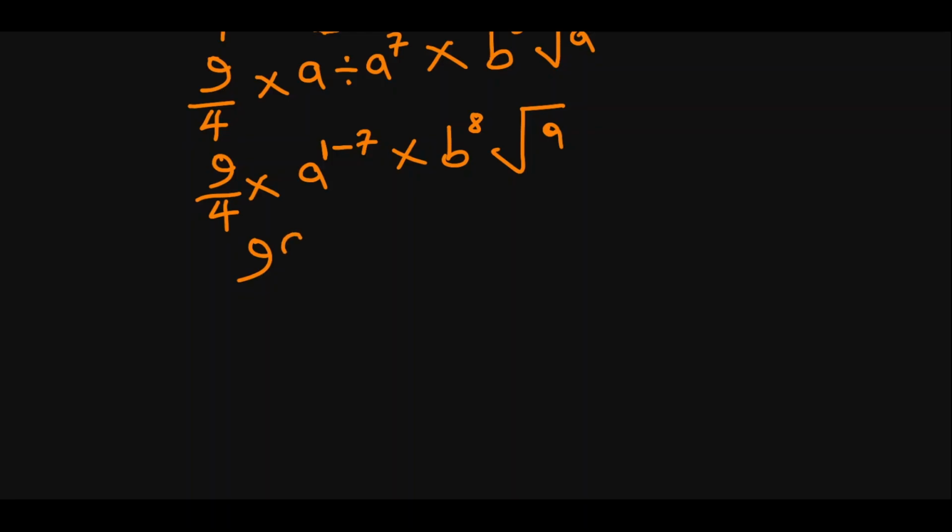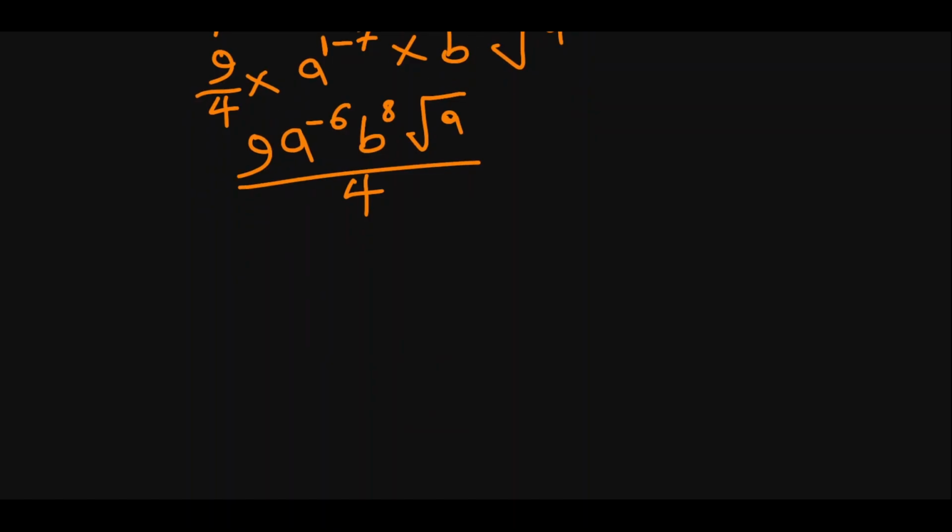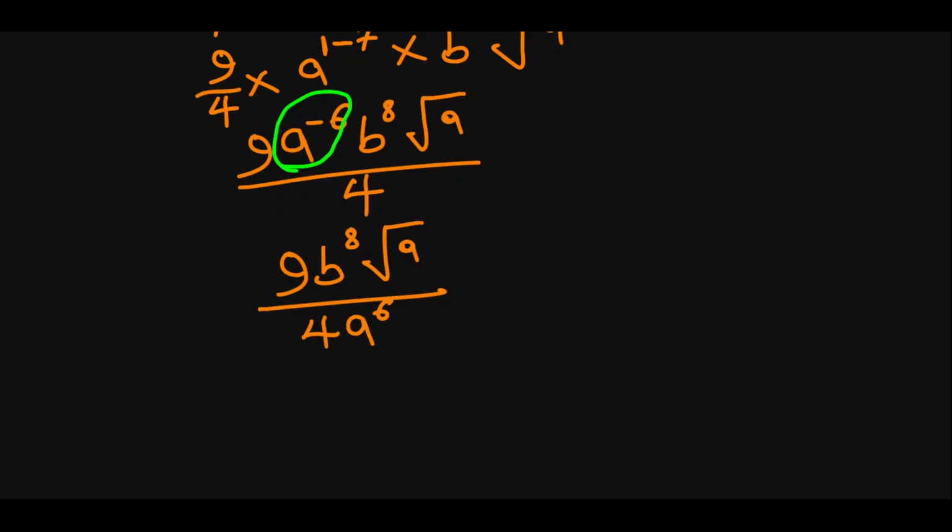So 9a to the power of minus 6 b to the power of 8 root a over 4. And because we don't want negative indices, this a to the power of minus 6 has to come down. So that will now give us 9b to the power of 8 root a over 4a to the power of 6. And this now becomes the final answer.